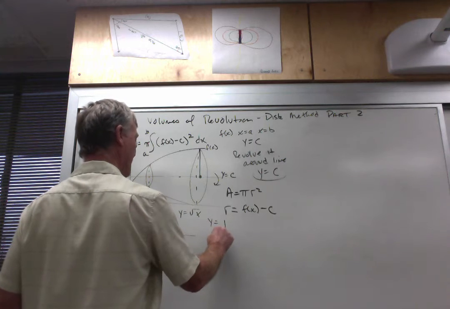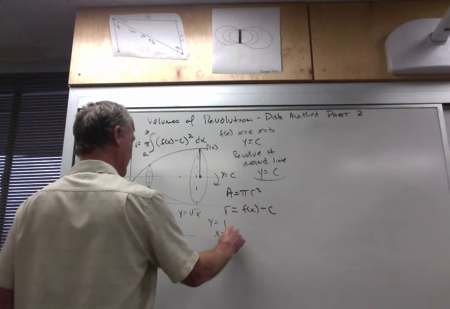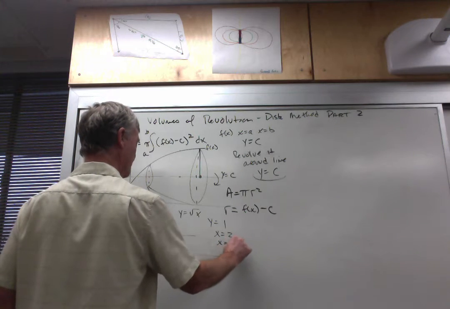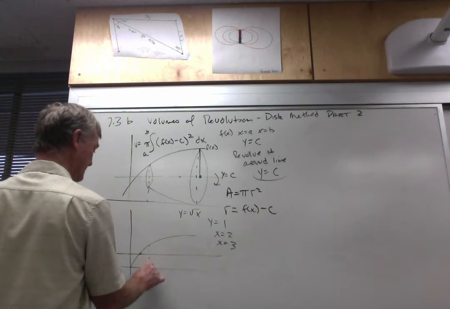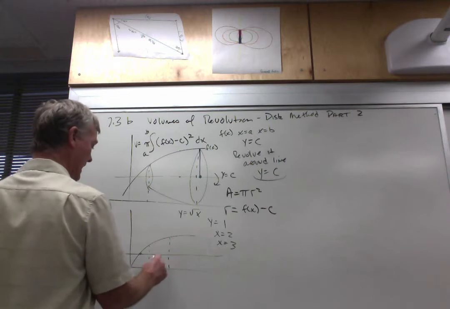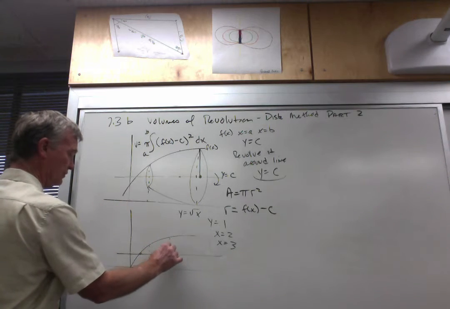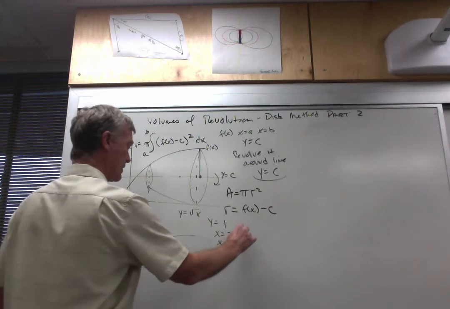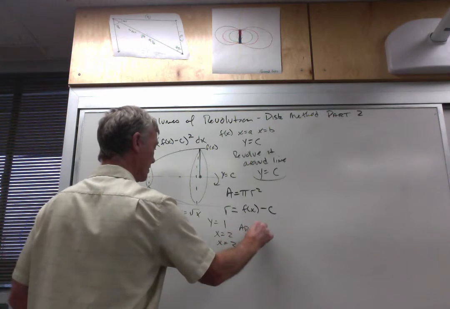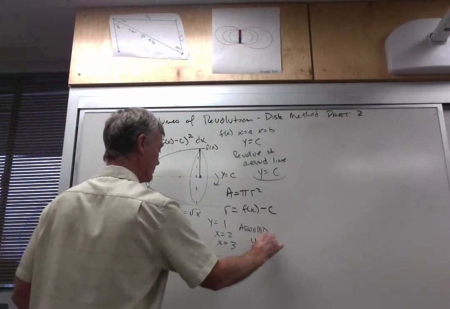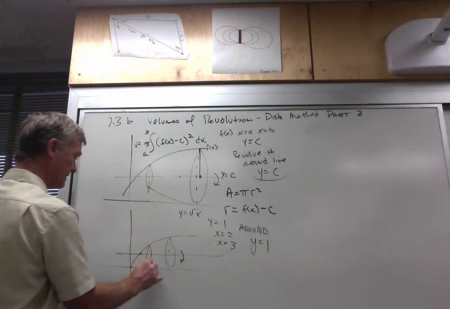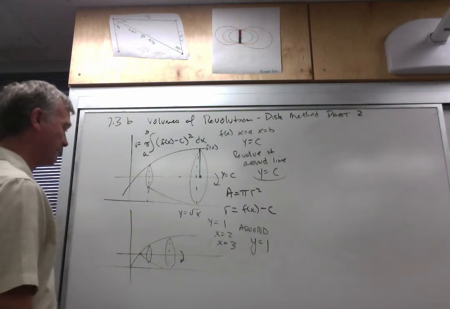Between x equals 2 and x equals 3, it would be this right here. And it's this volume that's going to be formed by revolving it around the line y equals 1. So we're getting a shape very similar to the one I just did, something like this, coming down like that.